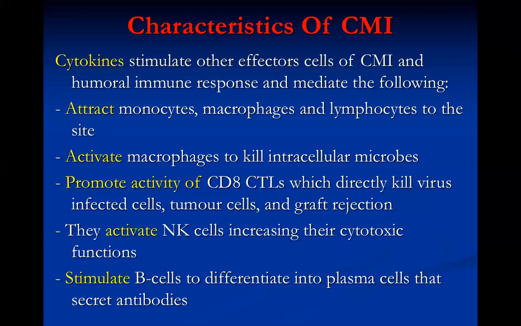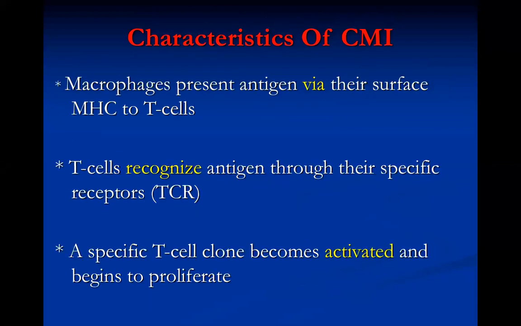Cytokines are small regulatory molecules which affect the cell-mediated immune response, and they also have a key role in the humoral immune response, which we are not going to tackle in today's topic. We are going to concentrate largely on the cell-mediated immune response. The role of cytokines is firstly the activation and then proliferation of the T cells, so that they make more clones of the T cell which has been activated.